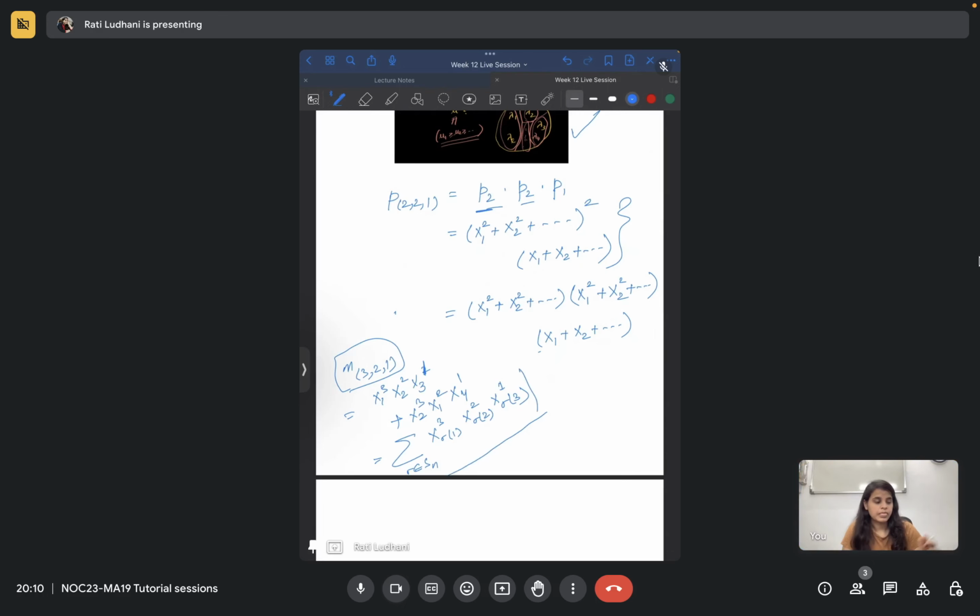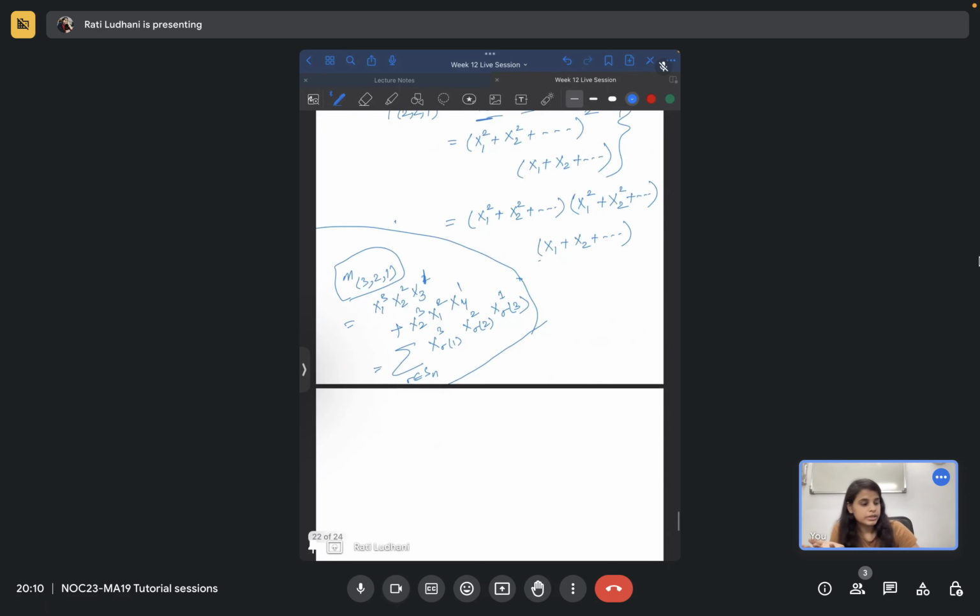Now think about what we are getting here. Firstly, there's a symmetry: if you get x1 raised to power cube, x2 raised to power square, and x3 raised to power 1, you will definitely get all permutations. Like you will get x4 raised to power 3, x2 raised to power 2, and x5 raised to power 1. You will get all the possible options for these places, for these x's, distinct ones.